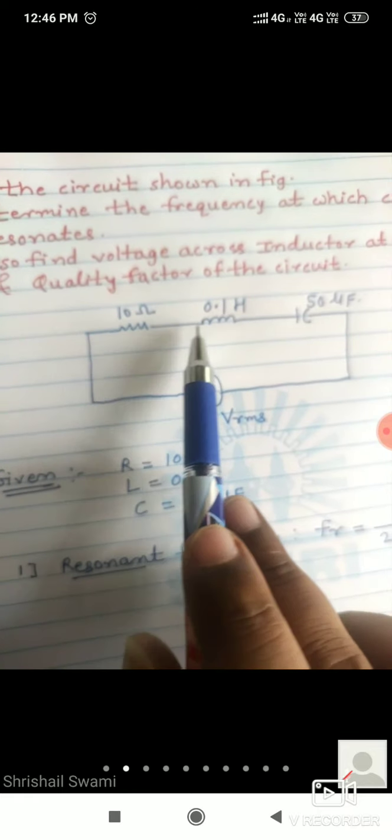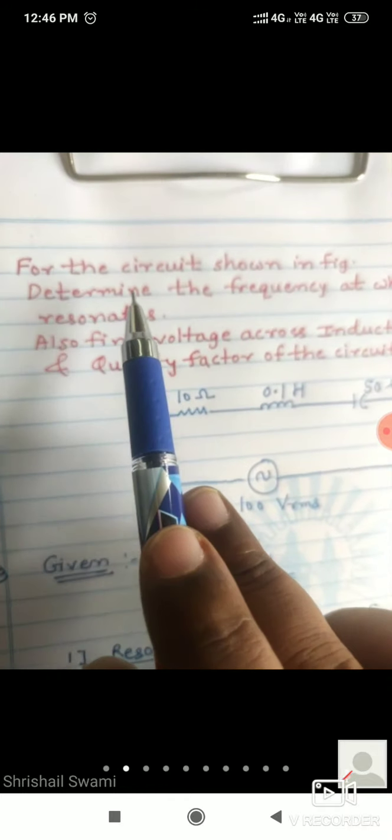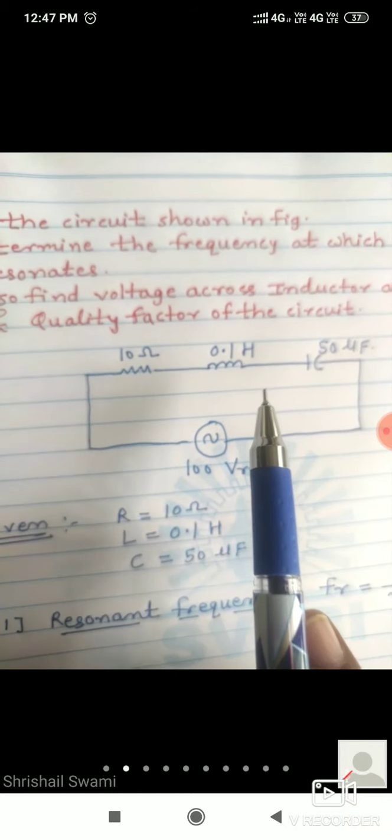FR of a series circuit is 1 upon 2 pi under root LC. How do we identify a series circuit? Because R, L and C are connected in series here. The question does not mention the word series, so based on the diagram you have to identify that the problem is based on series resonance.